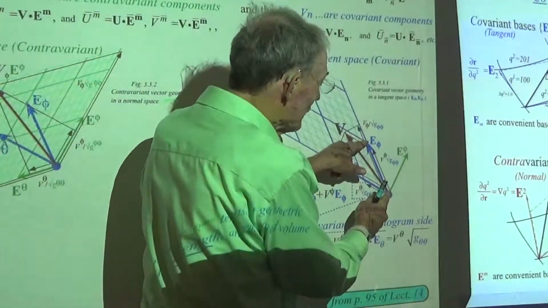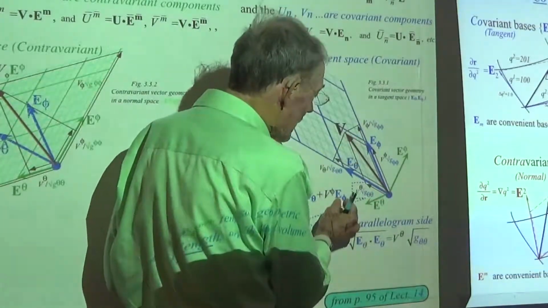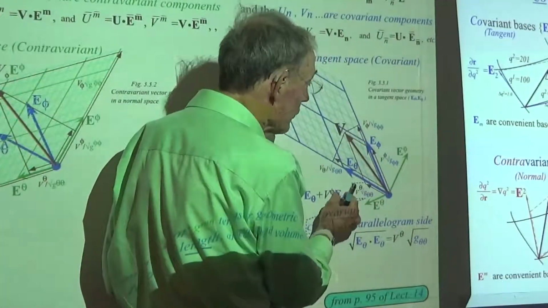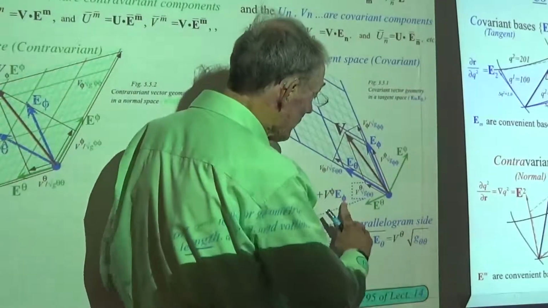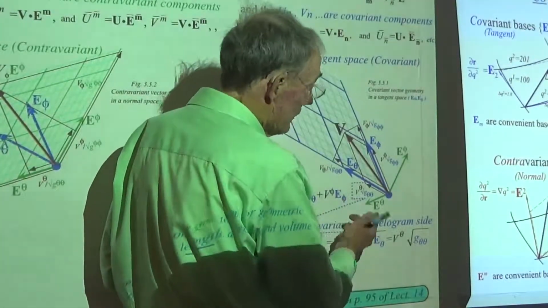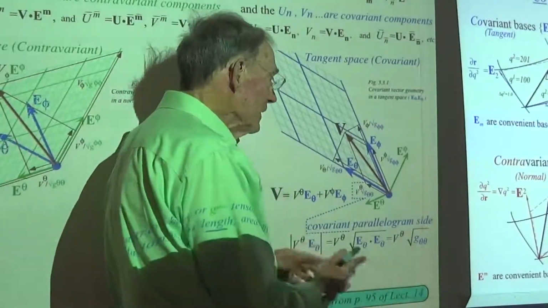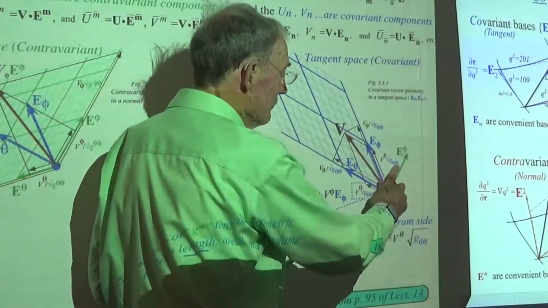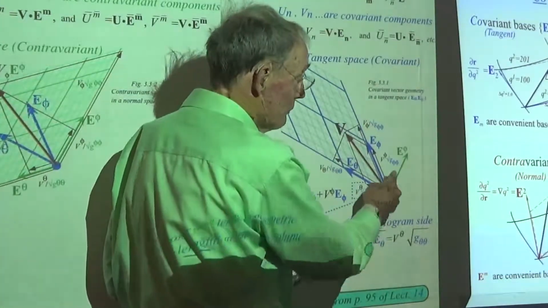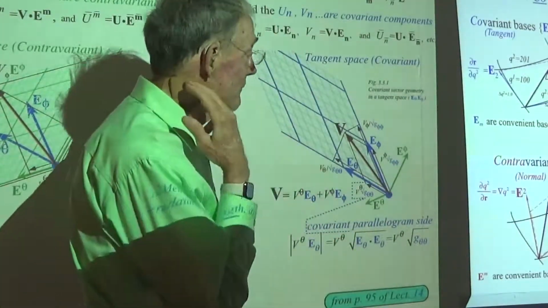The actual vector that you're looking at, the length of it is going to be this quantity times the length of this. And the length of that is E sub phi dot E sub phi. That's defined as the metric coefficient G phi phi. But of course, you have to take the square root of it to get the actual length.